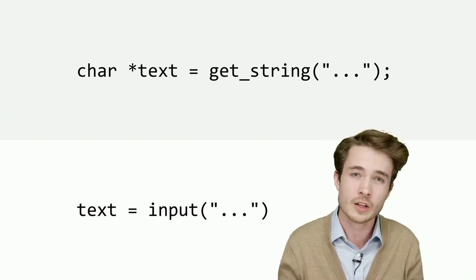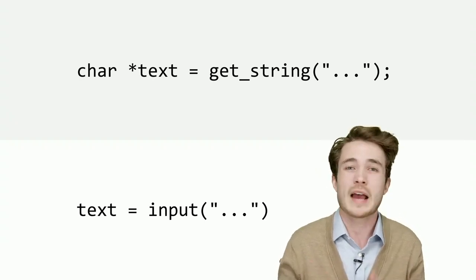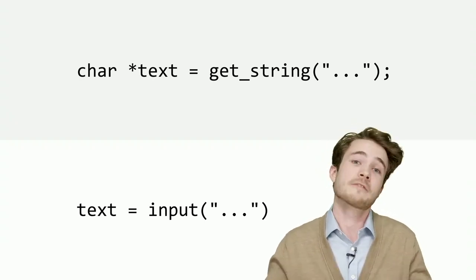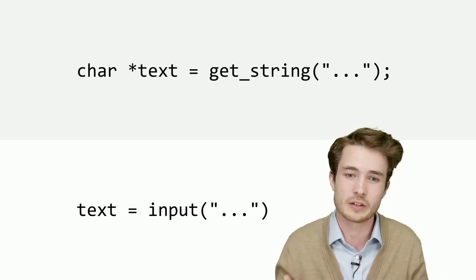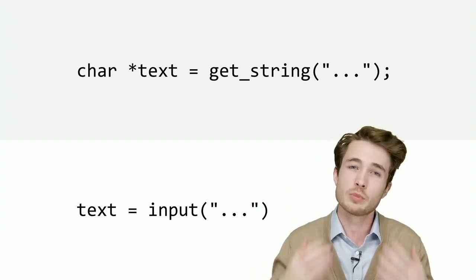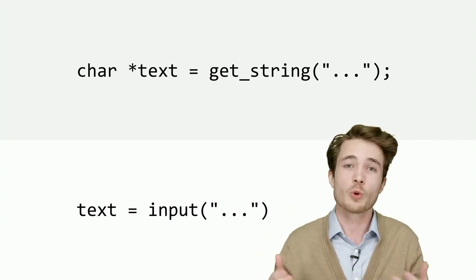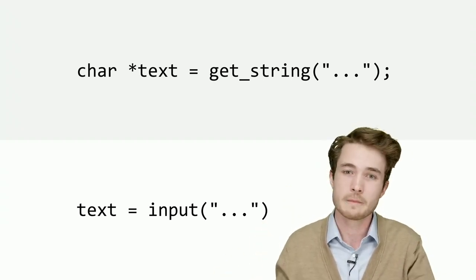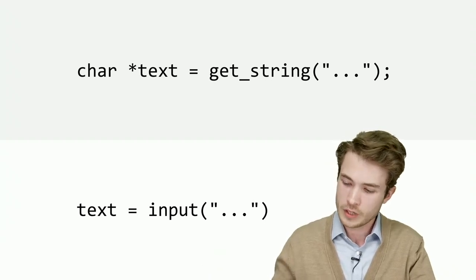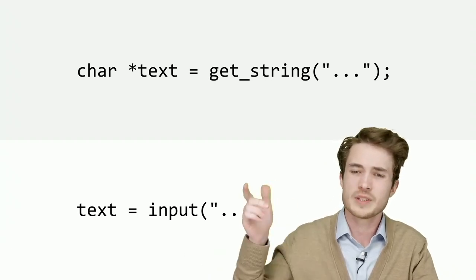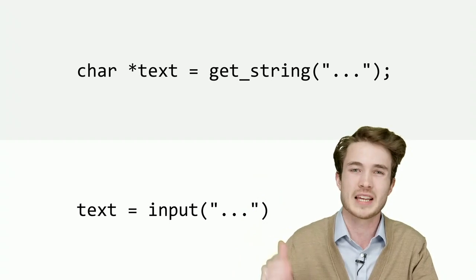Whereas in Python, which is a dynamically typed language, we don't have to do that. We can say, Python, please infer for me the data type, saying text gets whatever input gives us. And because we know this input function always gives us a string, text, of course, is going to be a string. OK, so that's one difference between C and Python in getting these variables and these strings.